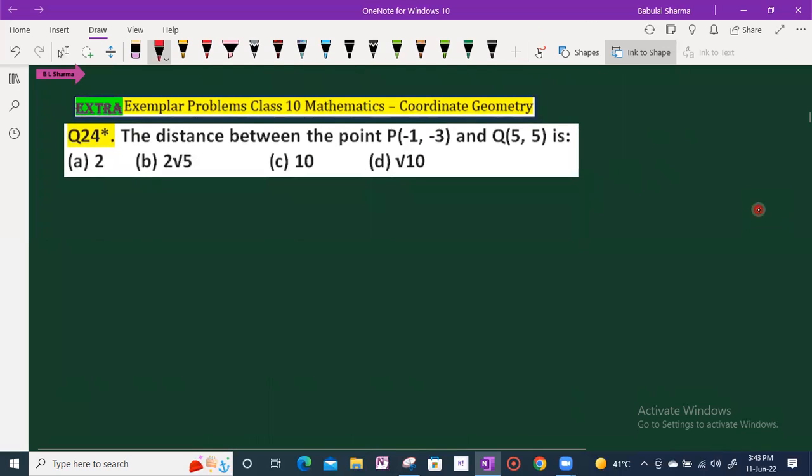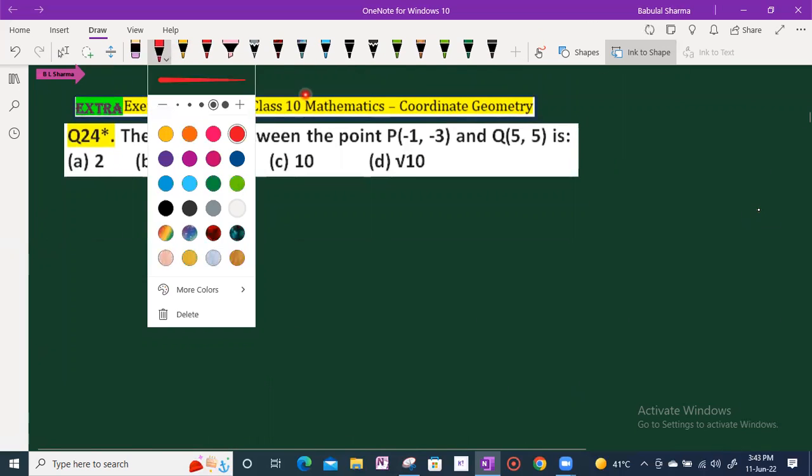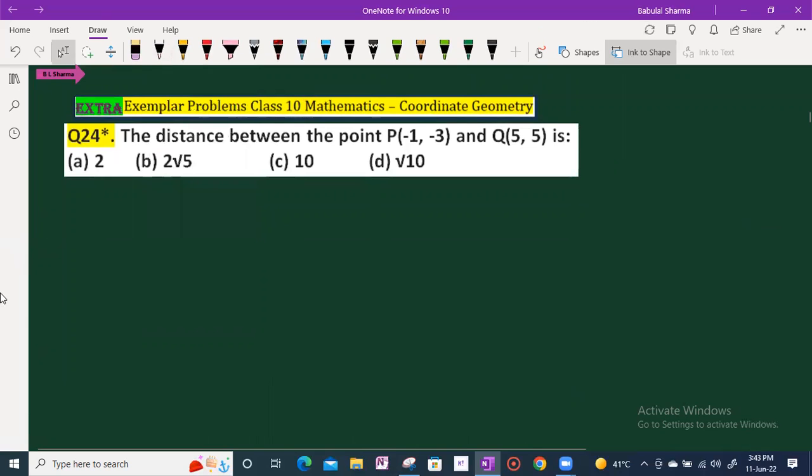Next question. Find the distance between the 2 points minus 1, minus 3 and 5, 5.